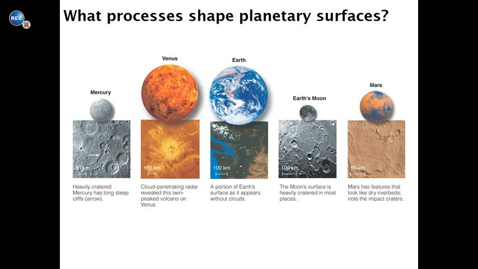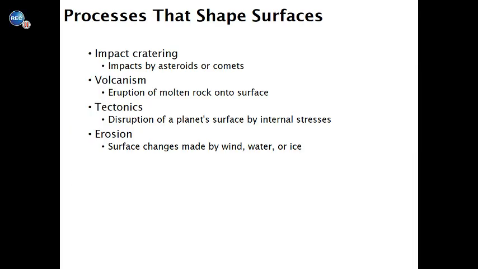Here are the surfaces. Basically, four things can affect the surface. One is that outside objects impact on it and just smash it up and it leaves craters. One is that the interior leaks out. Molten rock comes to the surface and makes new surface. That's volcanism.